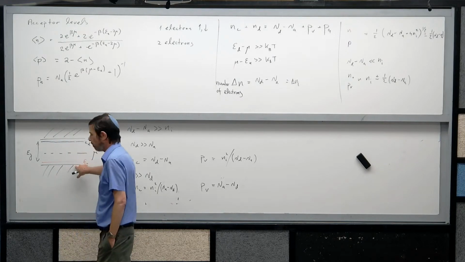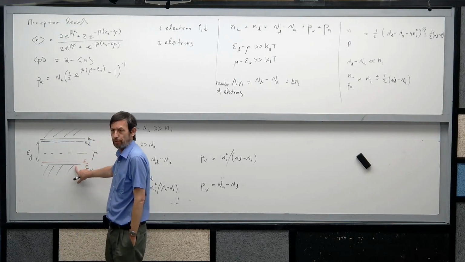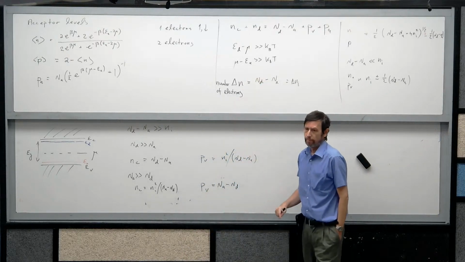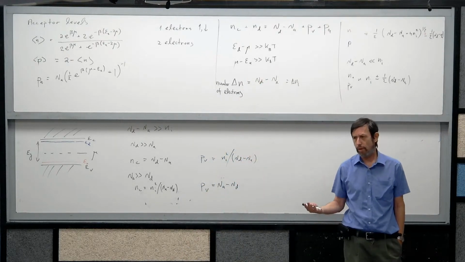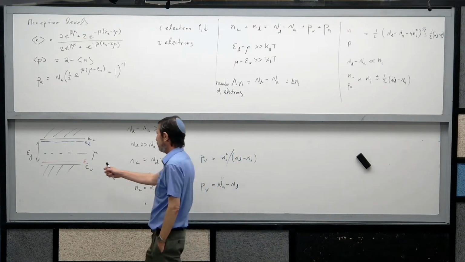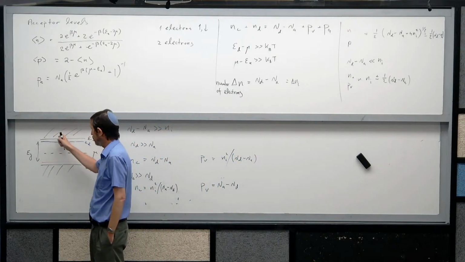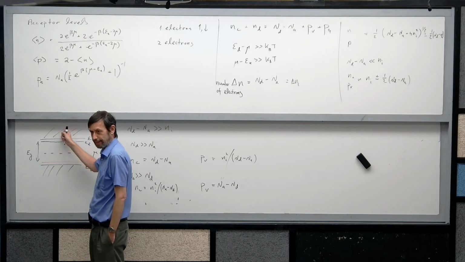They won't come from here. It's just too far. We said the temperature is small. Jumping from here to here is negligible. But jumping from here to here is probable.